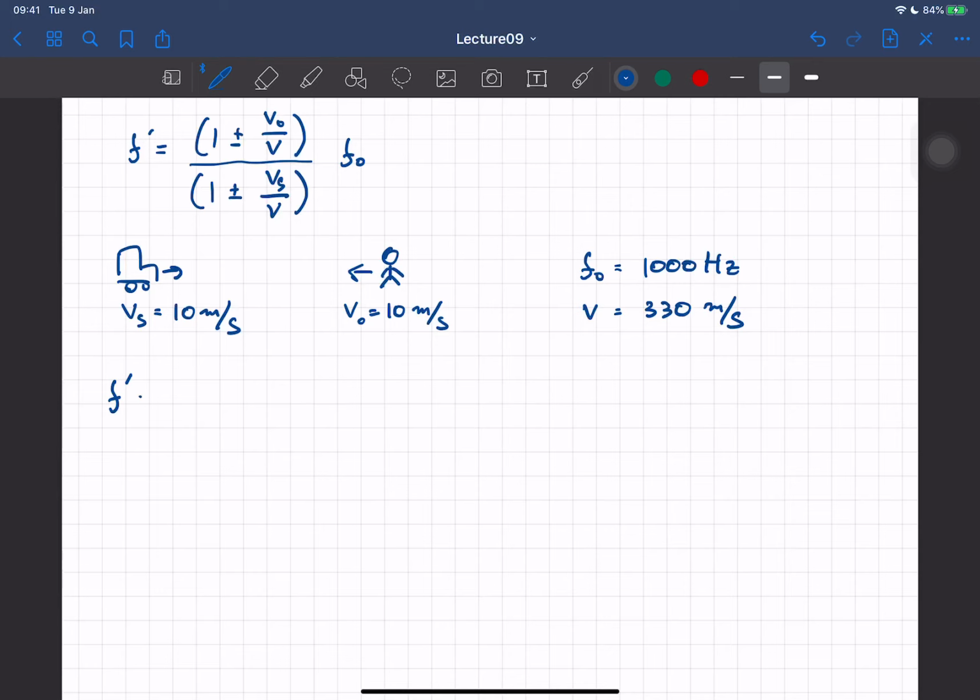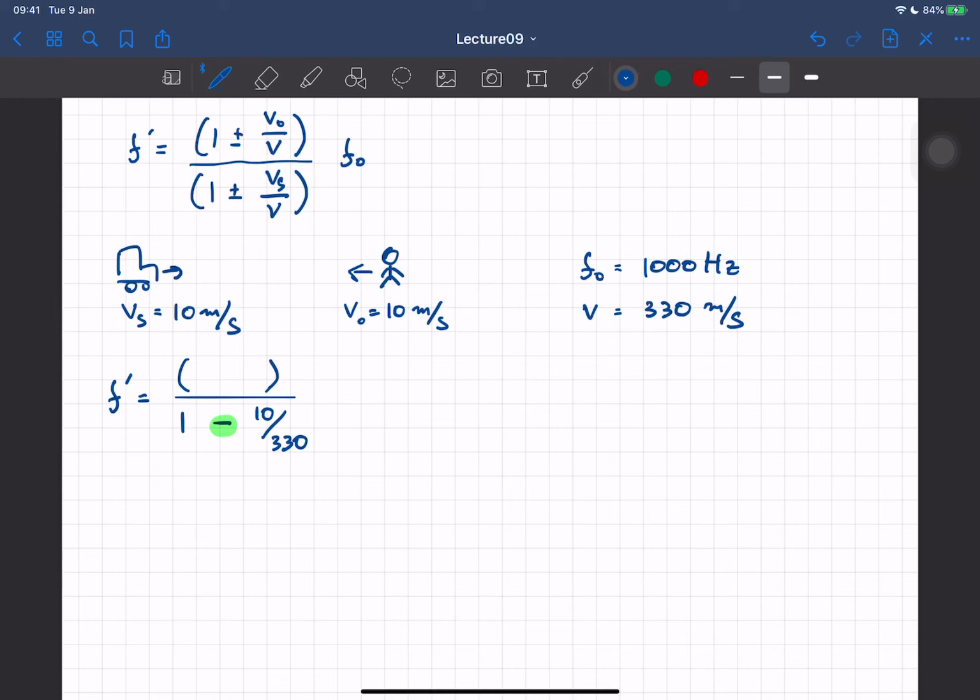So f prime is something on the top, which we're gonna do later, and then divide by the movement of the source, which is 1 minus Vs, which is 10, divided by 330, okay? So again, the important thing is to choose the correct sign here.